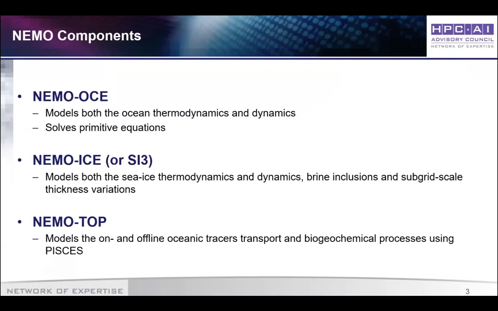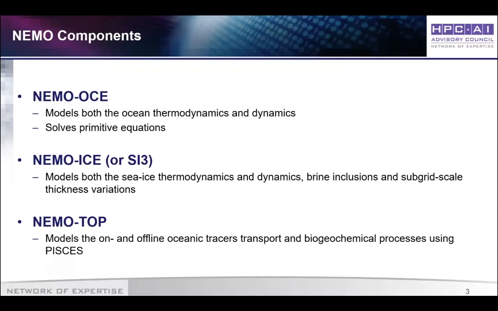Then there's NEMO ice, which models the sea ice, both thermodynamics and dynamics, the salt that may be included in the sea ice, and variations in the thickness that may be smaller than the grid size.